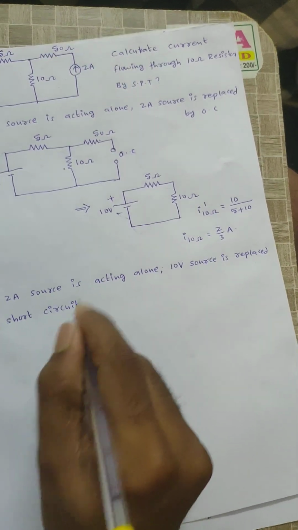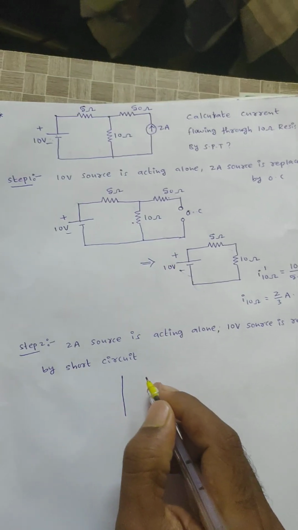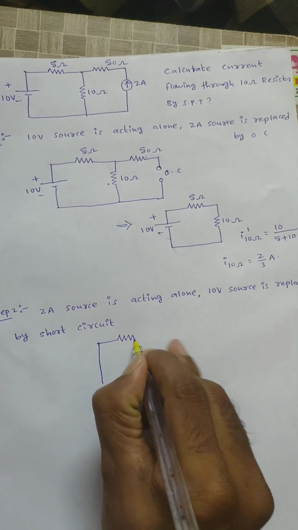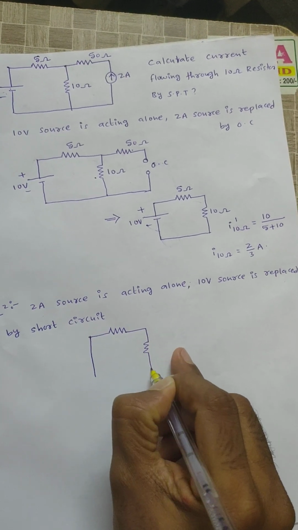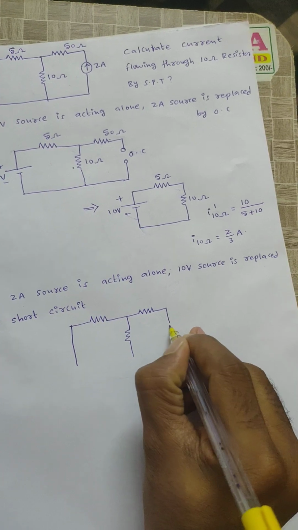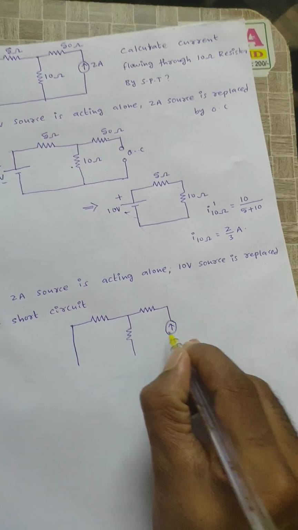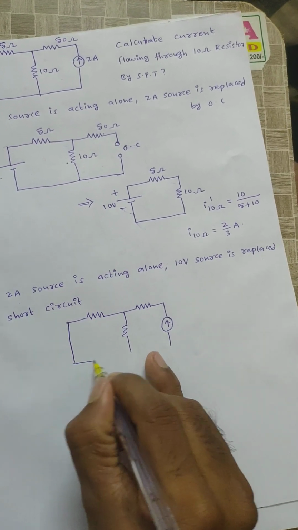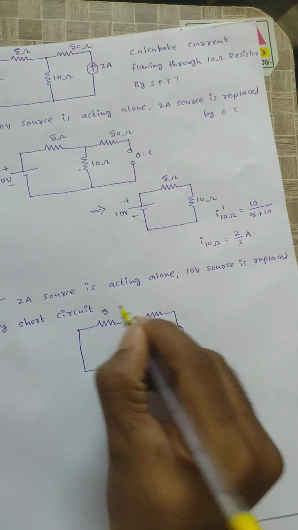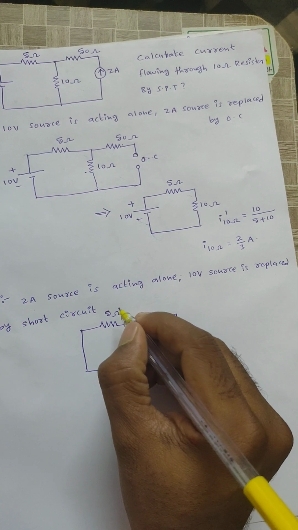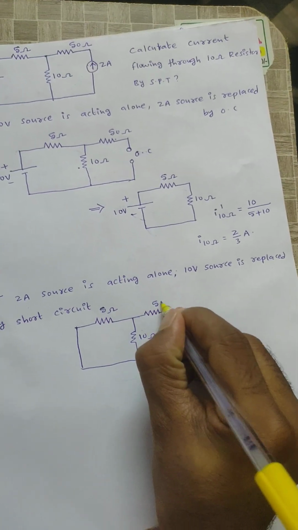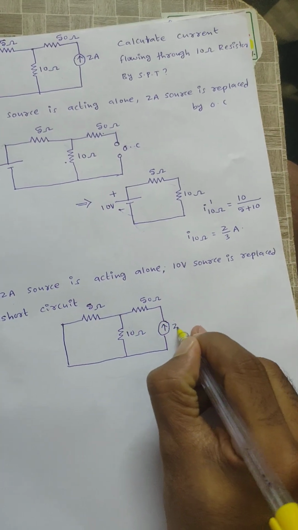That means the primary side supply will be replaced by a short circuit. Then we have 5 ohm, 10 ohm, 50 ohm, and the 2 ampere current source, right?